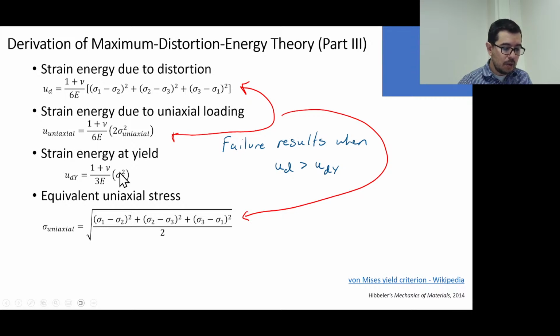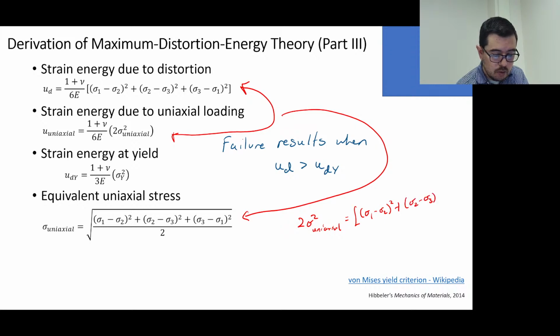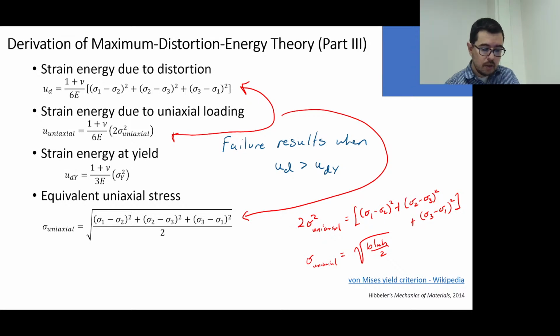These factors disappear, so I'd have 2 sigma squared uniaxial equal to all this mess. And so now the equivalent uniaxial stress is just going to be this quantity, we'll call it blah, divided by 2, square rooted, where this is equal to blah.